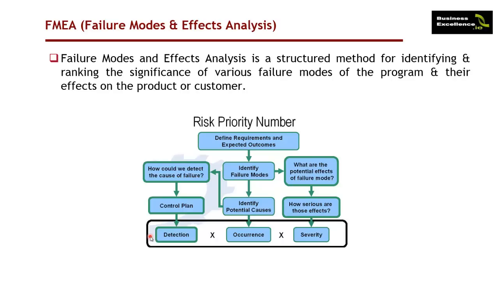If there is no way we're going to detect it beforehand, or if it does happen there is nothing we can do to control it, then we give it a 9 or a 10. These 3 numbers multiplied together give us what's known as a risk priority number. The higher the risk priority number, the more we need to focus on reducing that potential failure mode.